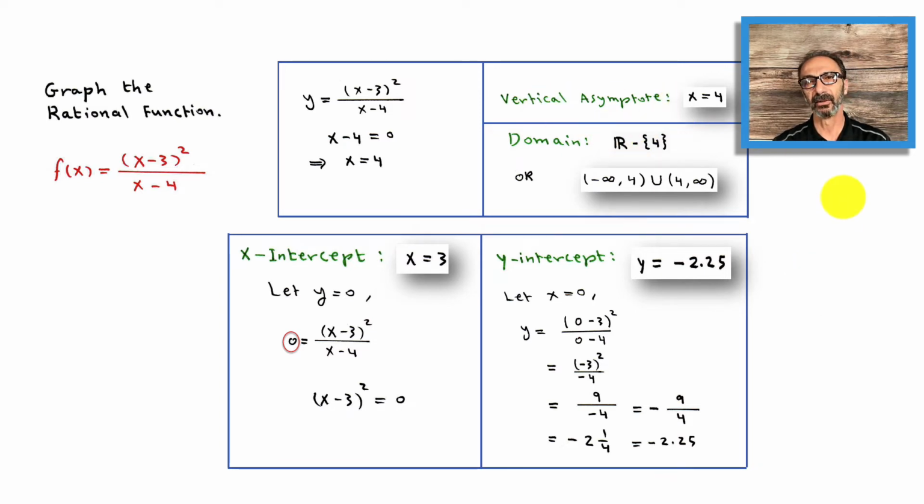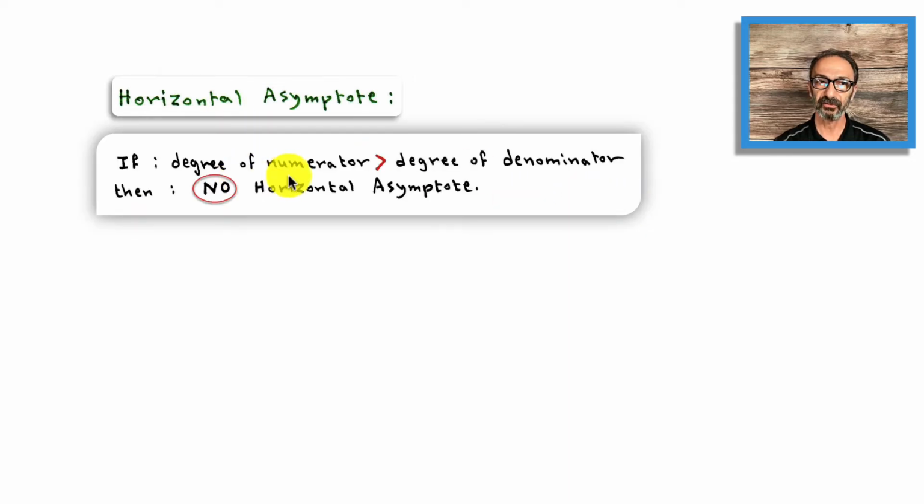Let's look at the horizontal asymptote. For the horizontal asymptote, we usually have 3 cases, but let's focus on the case that belongs to this one. If the degree of the numerator is greater than the degree of the denominator, then there is no horizontal asymptote because the graph is going to keep growing.